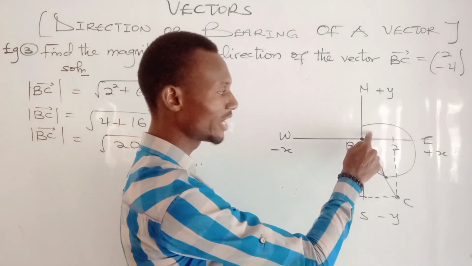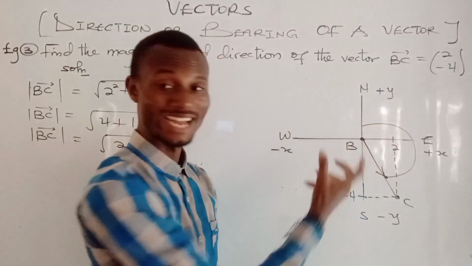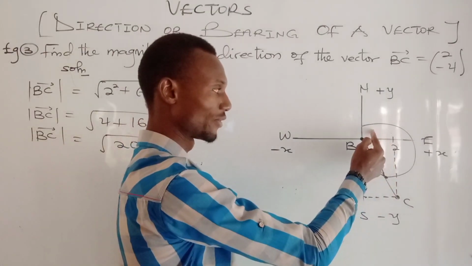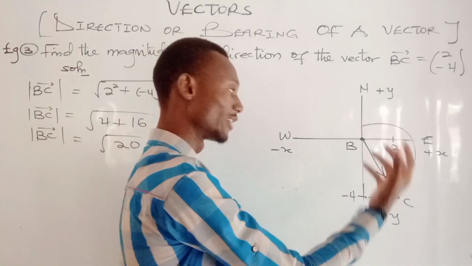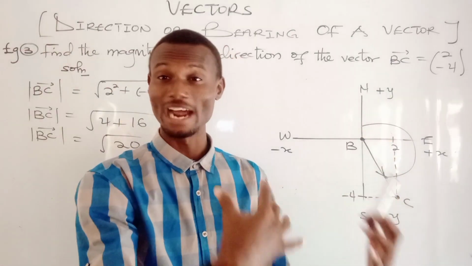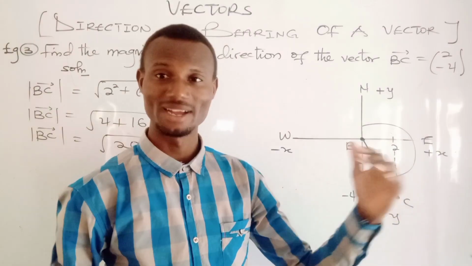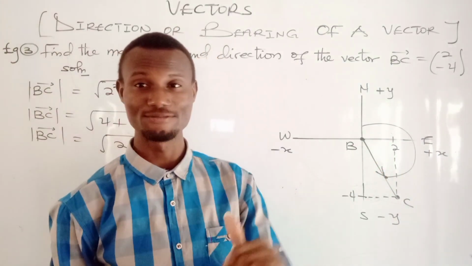For the angle here, we already know it, because the whole of this quadrant is 90 degrees. So here is 90 degrees. It is here that we don't know, so we need to find that angle so that we can add it to the 90 degrees here, and we will get the direction of the vector BC.